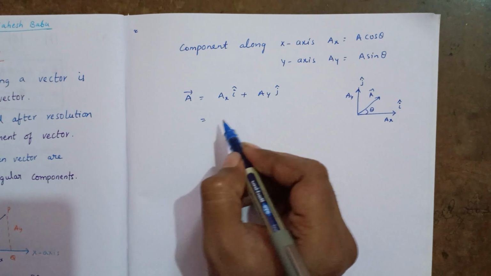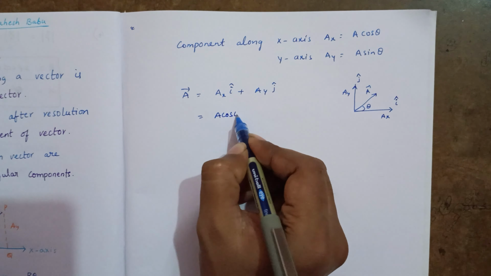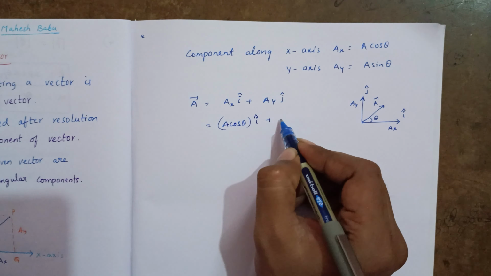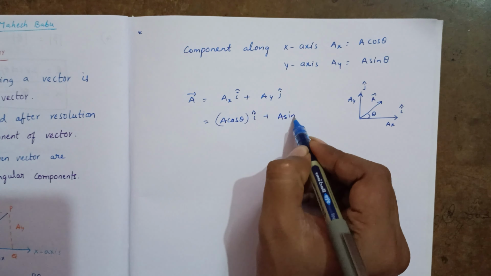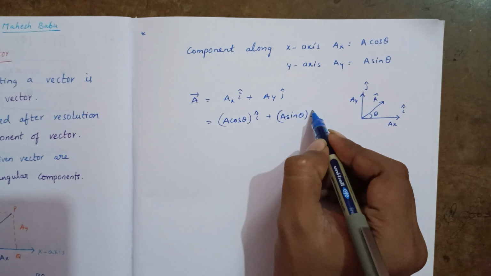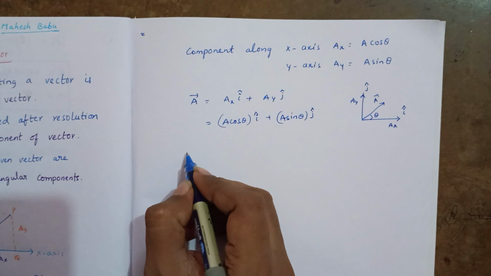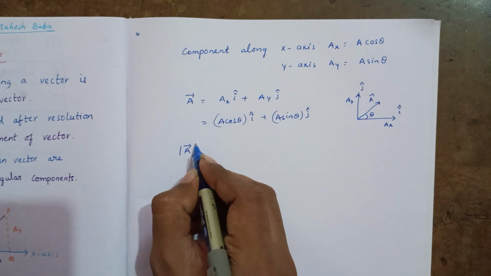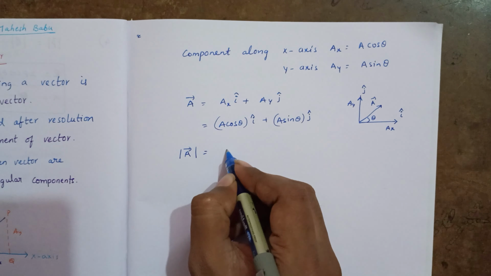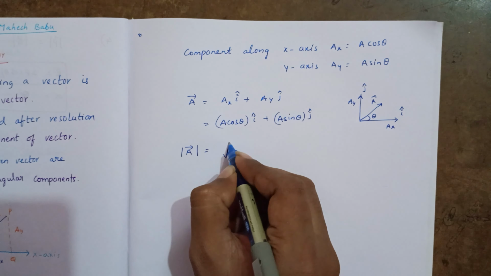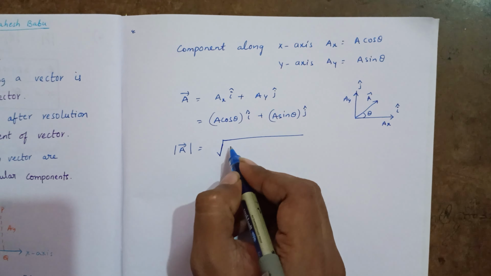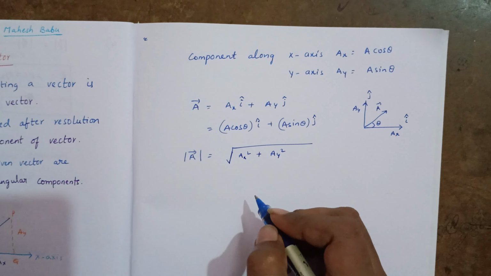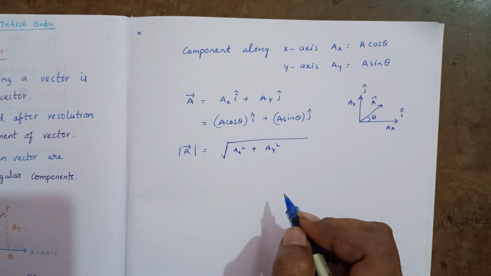Then instead of AX we can write A cos theta I, and AY, A sin theta J. Now to find the magnitude of the vector, square root of AX square plus AY square.